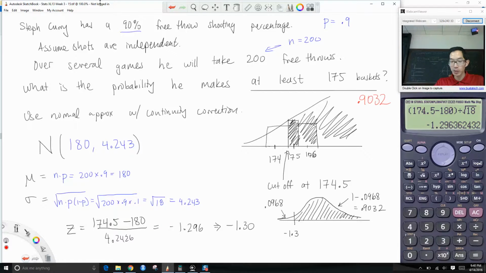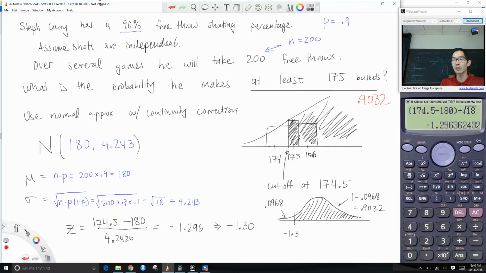But when n is big, and we've defined big as n times p more than 10 and so on, the probability that Steph Curry makes all 200 out of 200 is so close to 0 that we can treat anything beyond that as 0, so we don't have to worry about it stretching off to infinity.